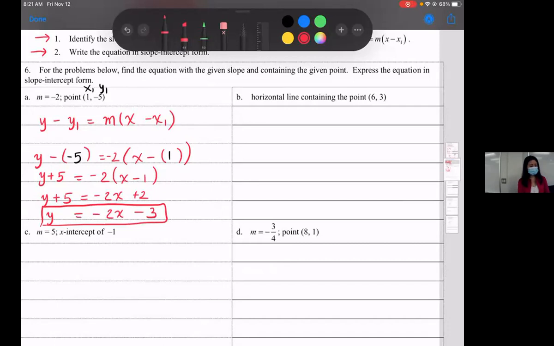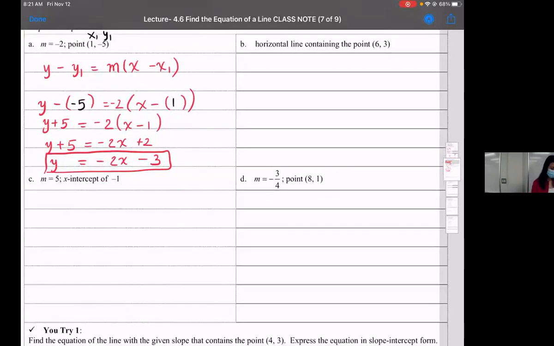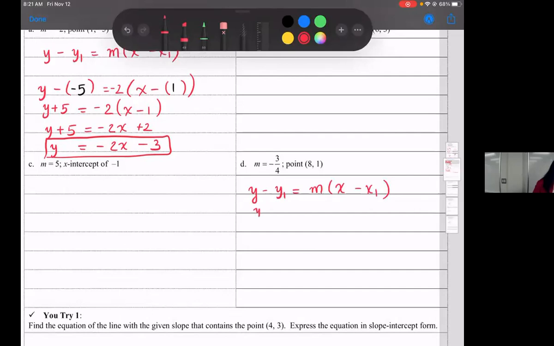I want to do D first before I do B and C. Y minus y1 equal m times x minus x1. Y minus parenthesis equals space x minus parenthesis. So this is x1, this is y1. X1 is 8, y1 is 1.